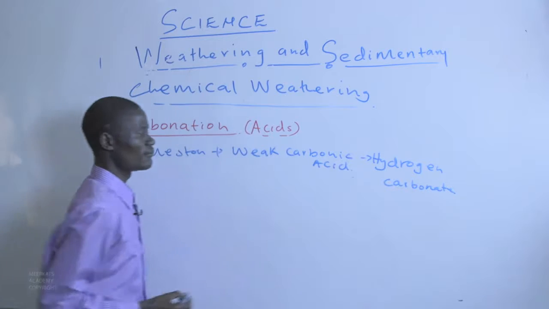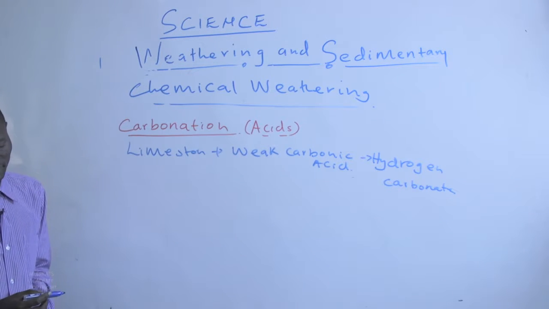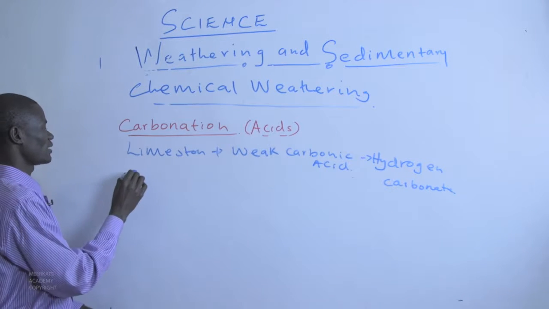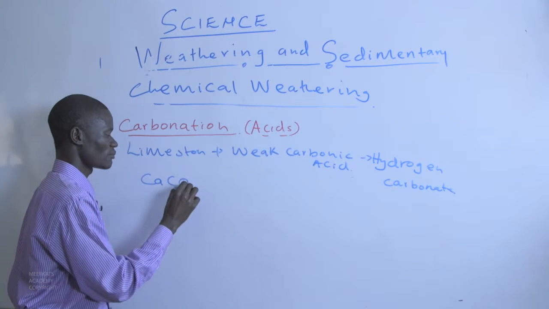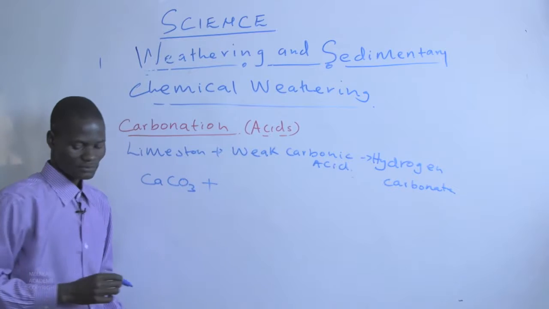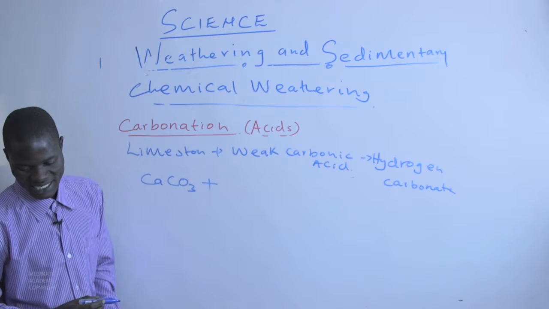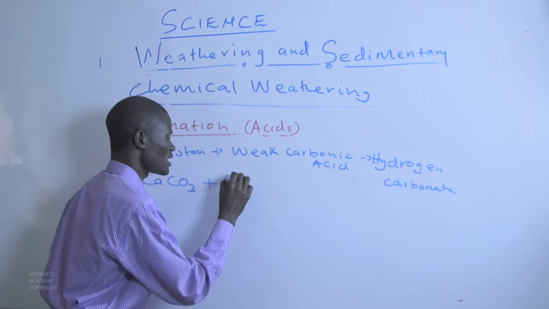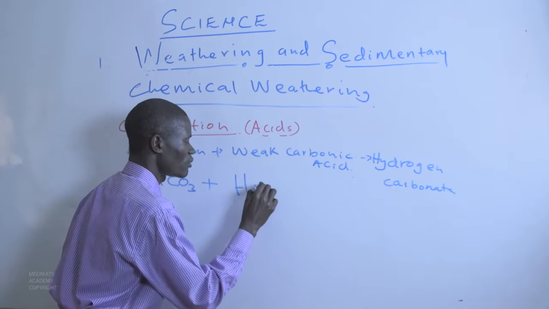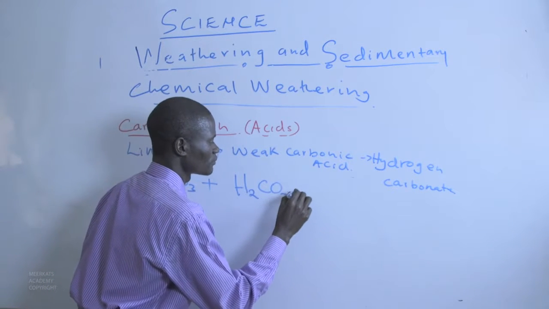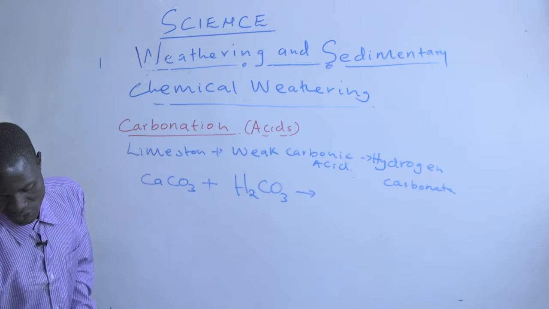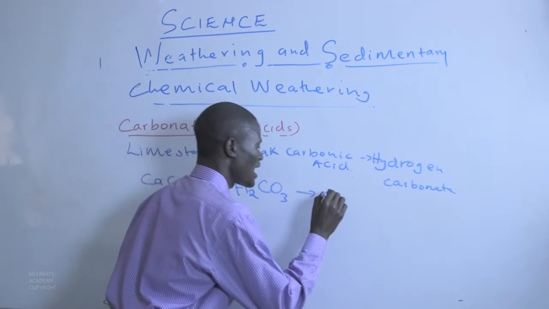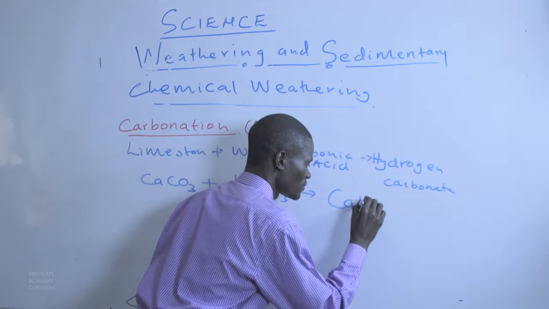The reaction may also be described in a different manner. Limestone, its chemical name is calcium carbonate, and when it reacts with the water, which has formed the weak carbonic acid, it will lead to the formation of calcium hydrogen carbonate.